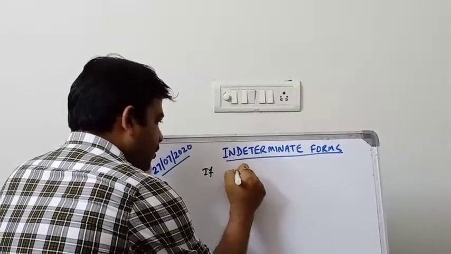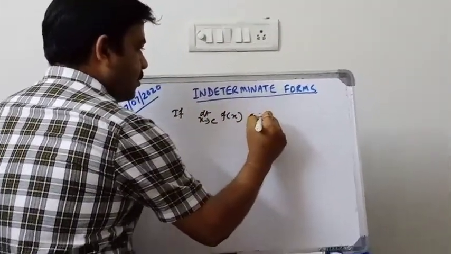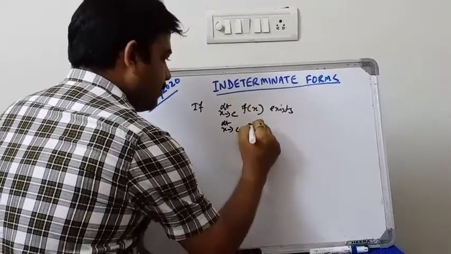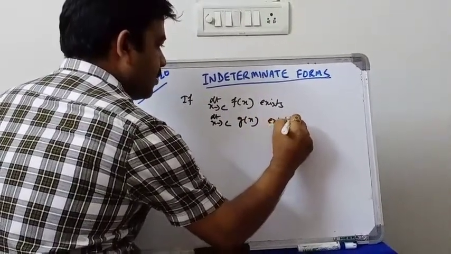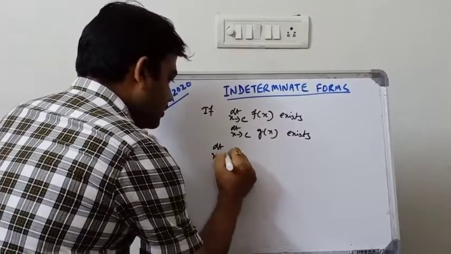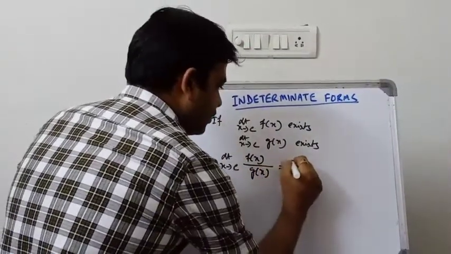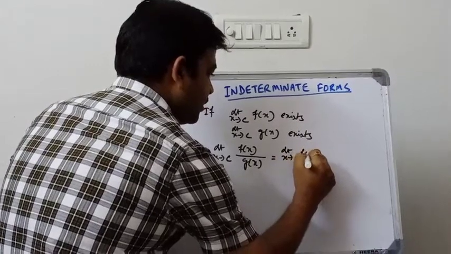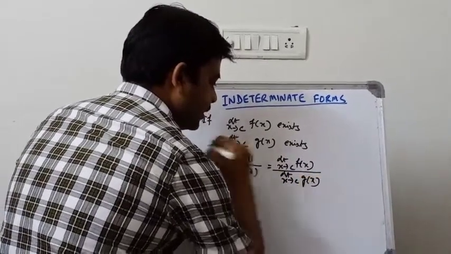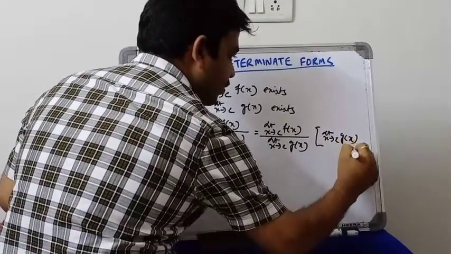If limit x tends to c, f of x exists, and limit x tends to c, g of x exists, then we can write limit x tends to c, f of x by g of x equals limit x tends to c, f of x by limit x tends to c, g of x, only when limit x tends to c, g of x not equals to 0.